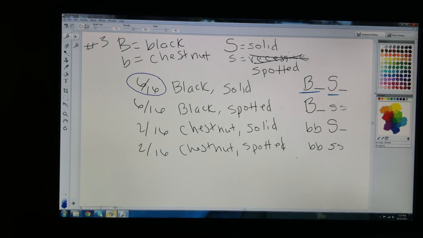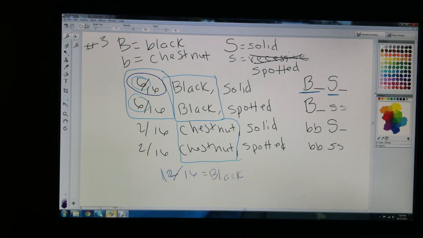Now, here is something interesting. If we look at the numbers and only look at one trait, let's look at the coat colors, black fur versus chestnut colored fur. If we look at the math, we have 6 plus 6 gives us 12 out of 16 that are black fur.